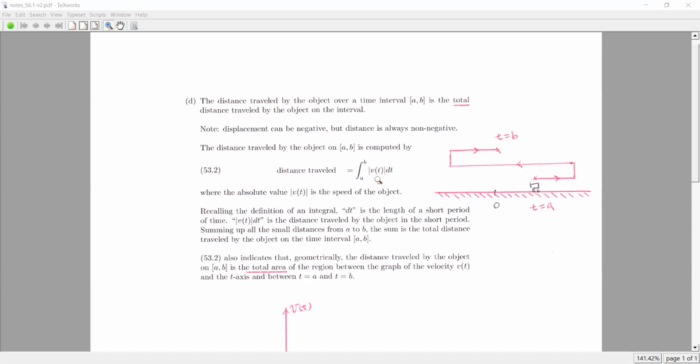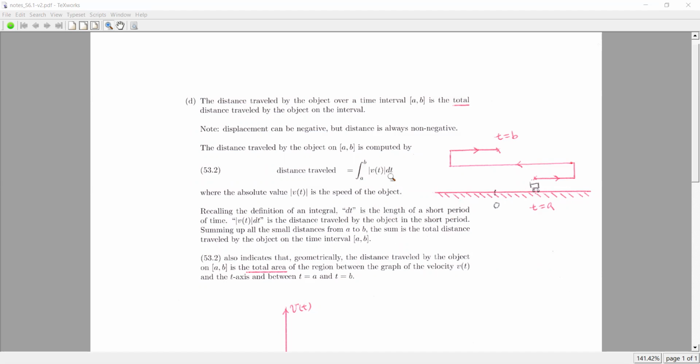Velocity can be positive, can be negative. Speed is always non-negative. In this integral, dt is the length of a short time period.